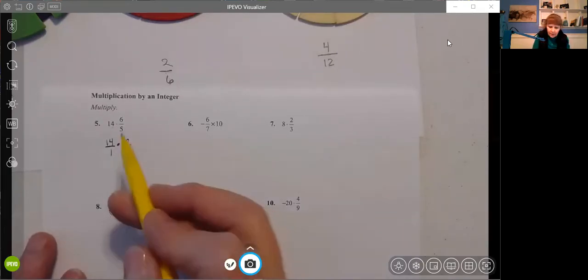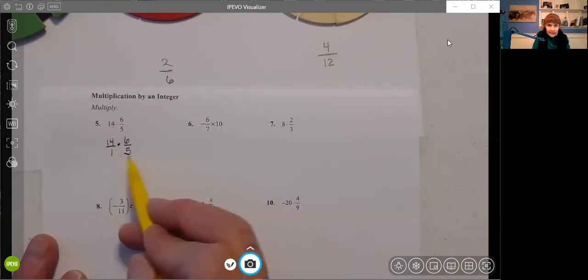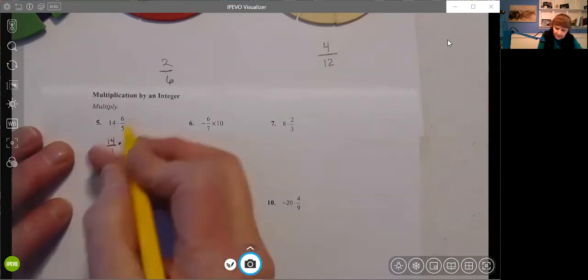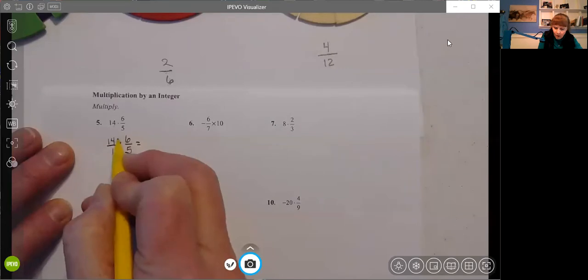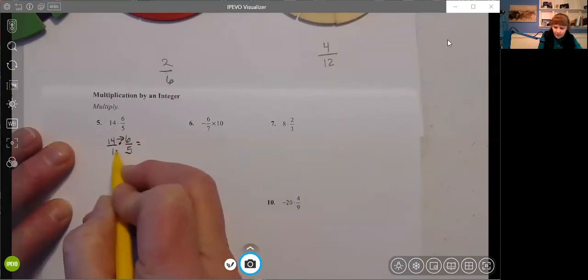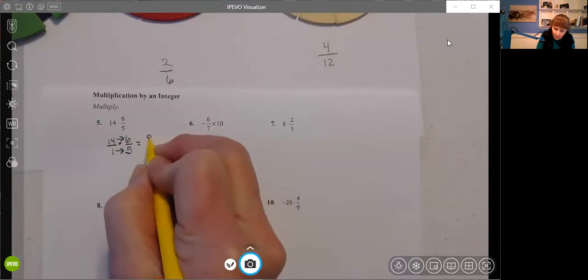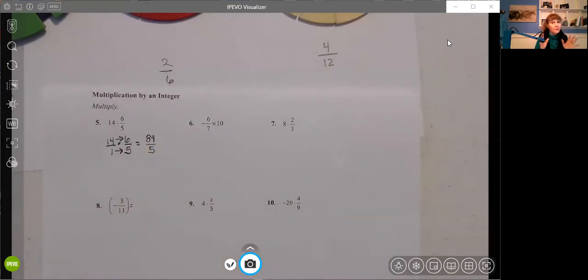In other words, is there a number that would go into these or these evenly? But there's not in this section, so we'll kind of skip that. So once you have put the whole number over 1, you multiply straight across. So this gives us 84 over 5. And that's all the further you need to go.